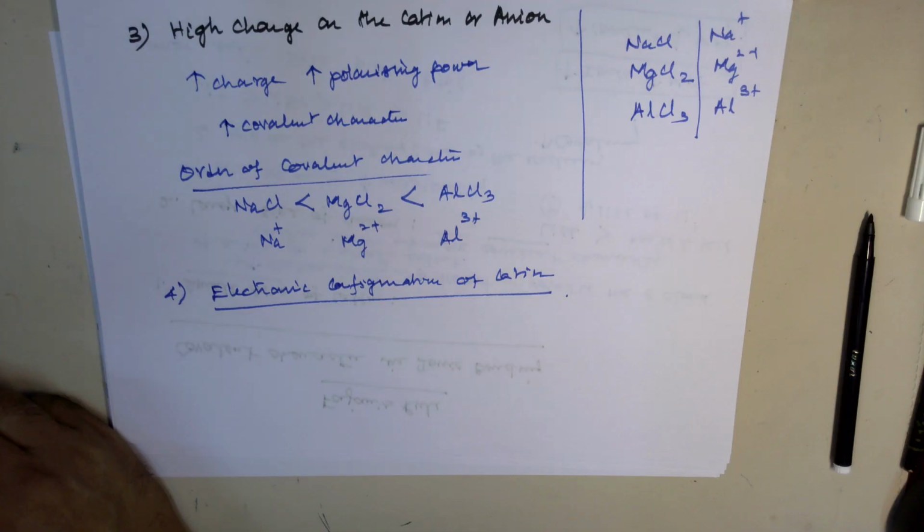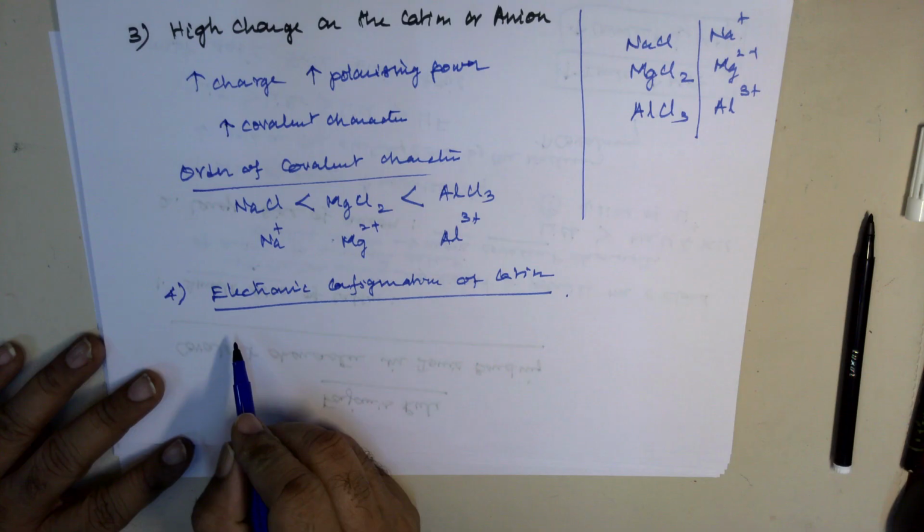Then one with a pseudo noble gas configuration, that is 18 electrons in the outermost shell, has greater polarizing power as compared to the other one with noble gas configuration, that is an 8 electron system. When I say pseudo noble gas configuration, it is an 18 electron system; noble gas configuration means an 8 electron system in the outermost shell. Okay, take down.